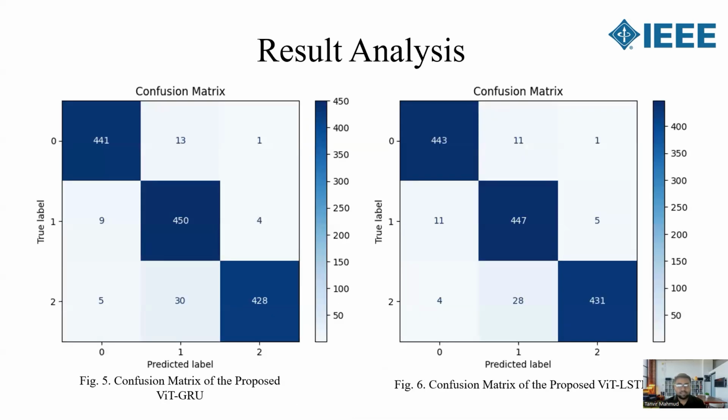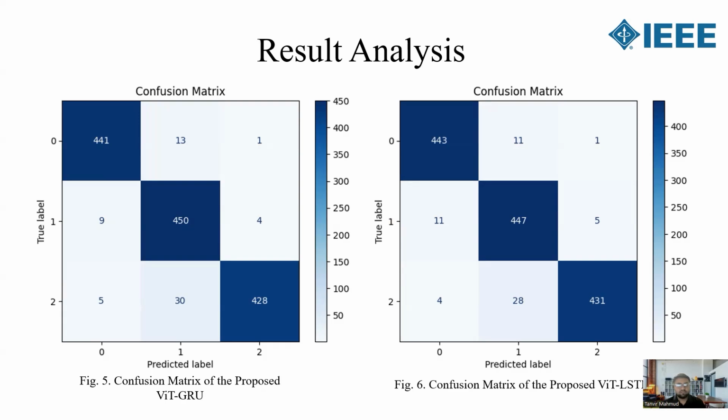The performance of each hybrid model was compared quantitatively. The ViT-LSTM model achieved the highest accuracy of 96.67%, outperforming the ViT-RNN with 93%, ViT-GRU with 95.51%, and the baseline ViT with 95%.